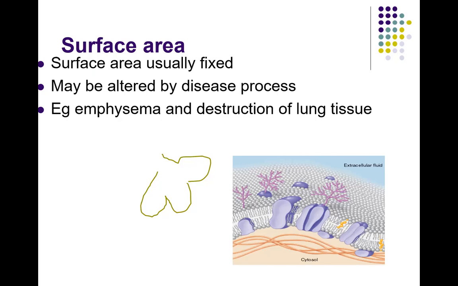If you truly destroy the lung tissue, then you take away that surface area. You could also have conditions that make it hard to breathe because of alteration of the lung tissue, even though you didn't fully destroy it.